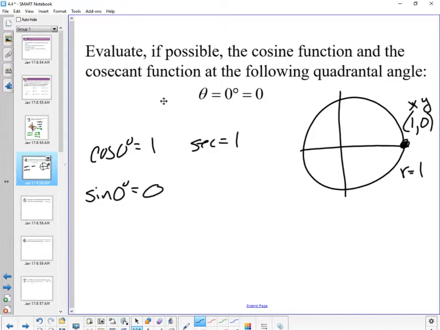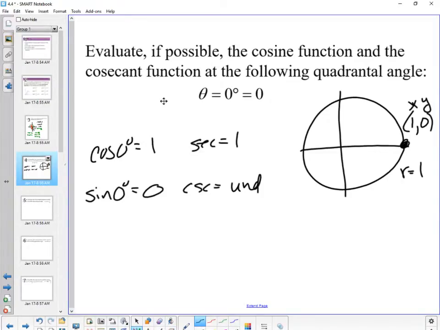How do you flip 1? You flip 1, you get 1, right? What is the cosecant going to be? This one it's a little different because if I flip 0, technically it's 0 over 1, right? And if I flip that, where's the 0 end up at? So I'm going to say undefined. Be careful there with that thought process.